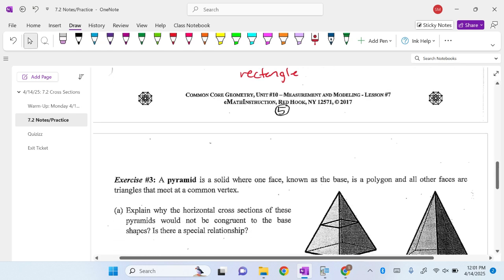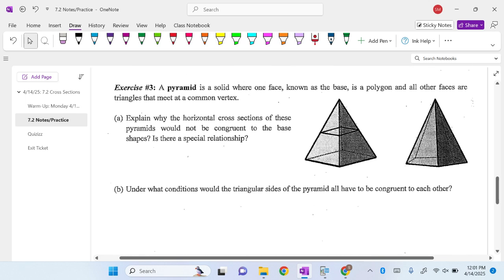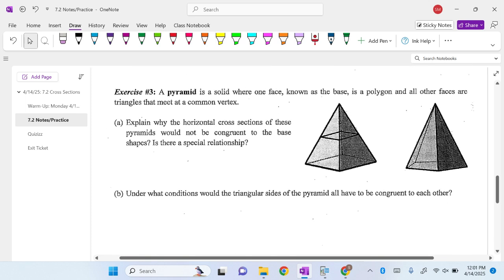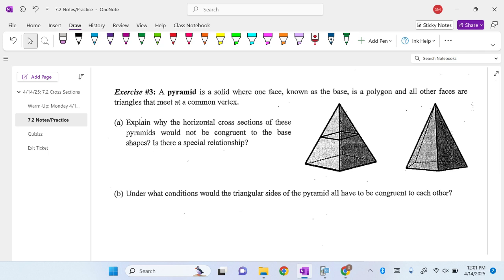All right. Now with pyramids. Typically, the ones that we talked about so far, the horizontal cross section was congruent to its base. But a pyramid is a little bit different.